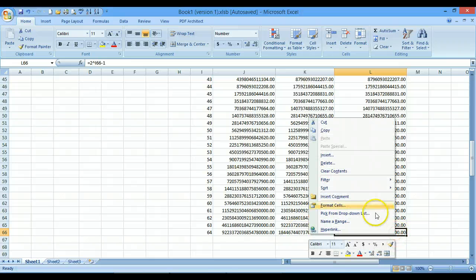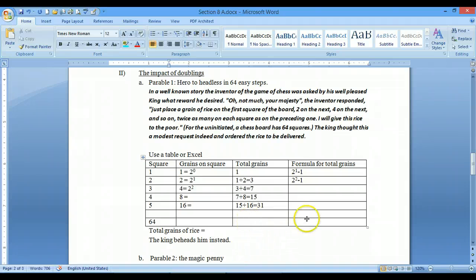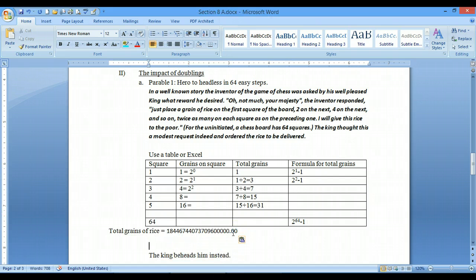Perfect. So I'm going to copy, go back into here, and I can type in my formula because now we know it. It is 2, and I have a superscript here, raised to the 64, come out of the superscript, subtract 1 from the total, which equals total grains of rice. Control V to paste.